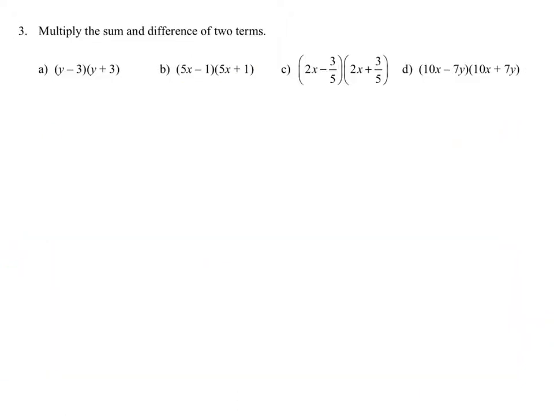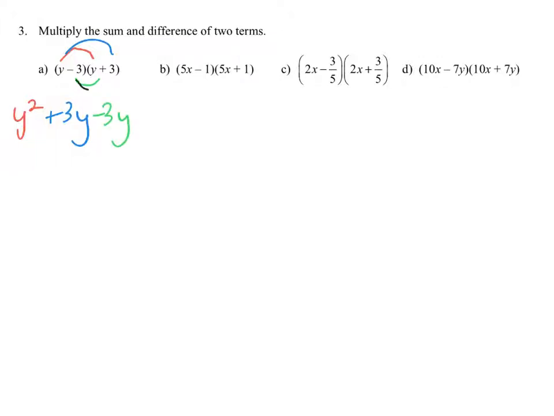In these examples, we want to multiply the sum and difference of two terms. In example A, we have the quantity y minus 3 times the quantity y plus 3. Now you could use the FOIL process here. You multiply y times y to get y squared. Y times plus 3 is plus 3y. And then the inner, negative 3 times y is minus 3y.